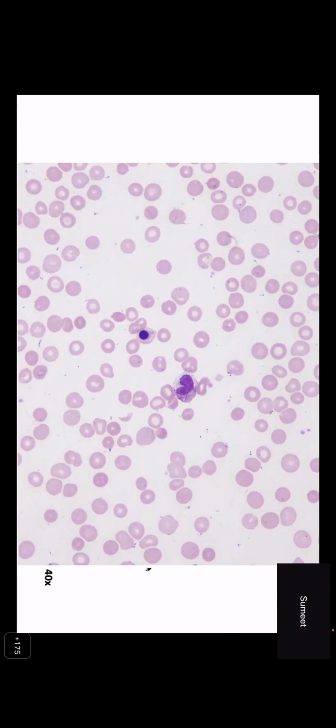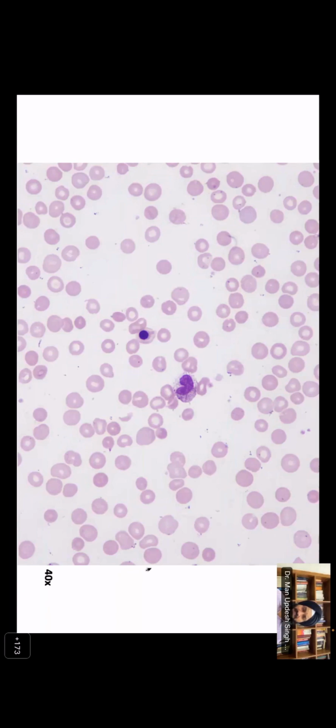So, Dr. Raina, please. Sir, in the RBC series, mild anisocytosis as well as poikilocytosis. NRBC is also there. Right, so there is a circulating NRBC there. In the RBC picture, you are probably correct.